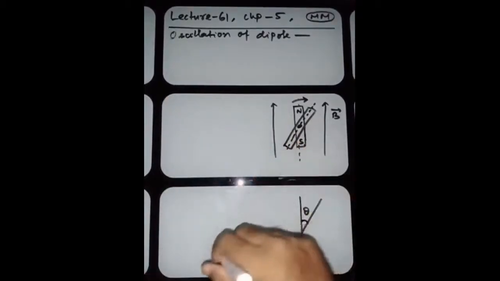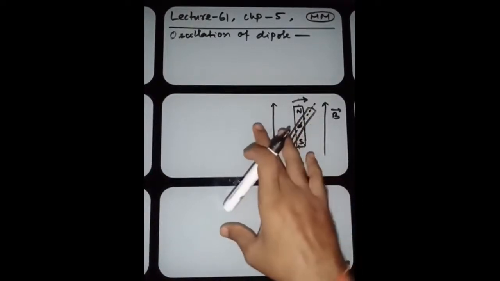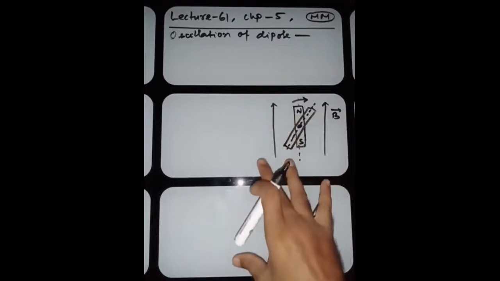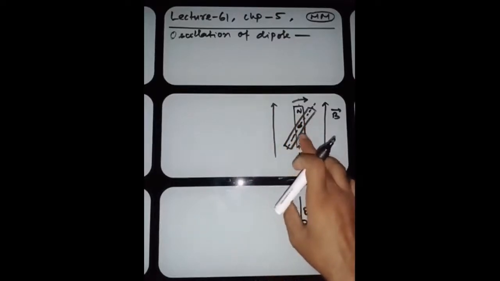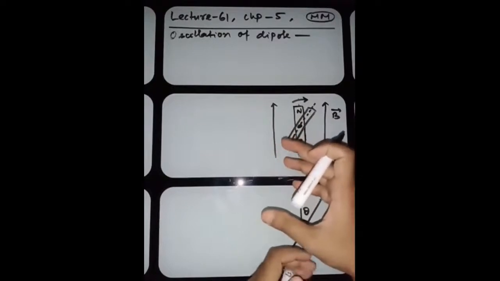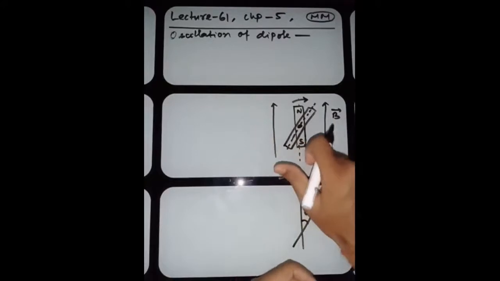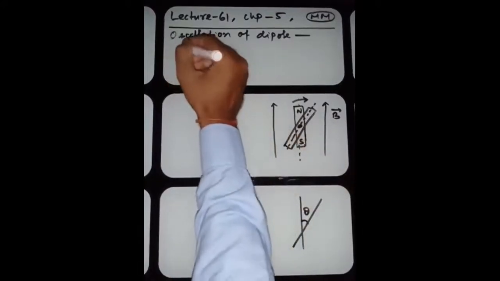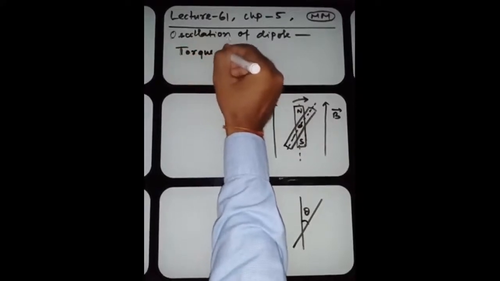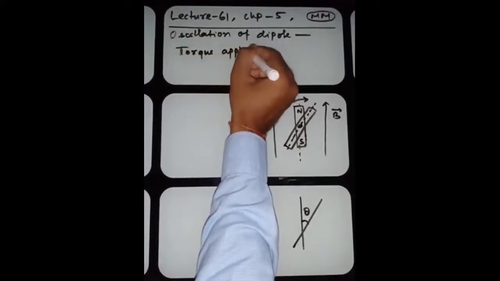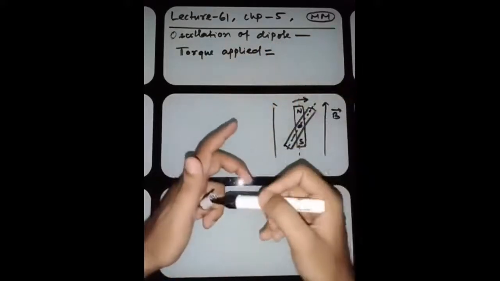So initially the magnet is in a stable state. As we apply some force, we need to apply a torque. Who will balance this torque?